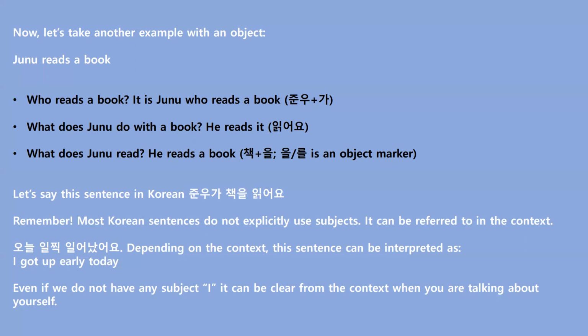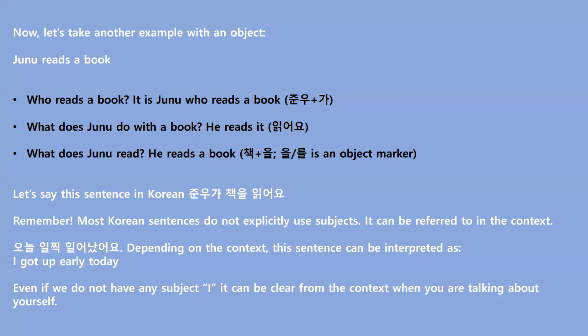So that's why always when you make your own sentences or when you listen to other people's sentences, make sure that you know what is subject, what is verb, and what is object. So this is very important. It's, I think, the most important grammar point, I would say, in the Korean grammar.